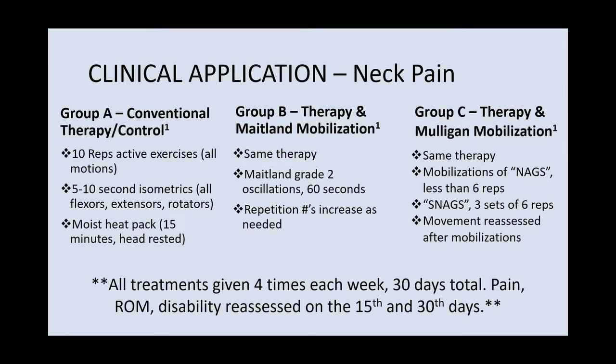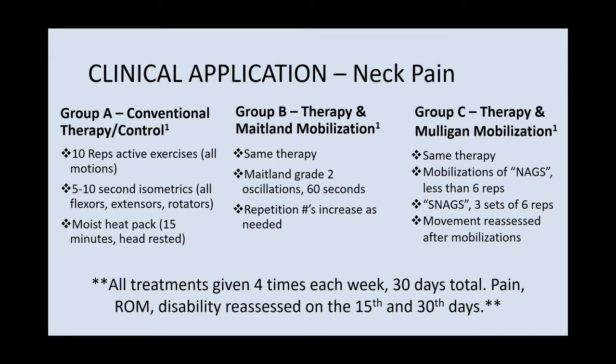Group A was the control group. They got just conventional therapy. This basically consisted of 10 repetitions of active exercises in all motions. The study didn't necessarily say all motions, but I'm assuming that it was all cervical range of motions.